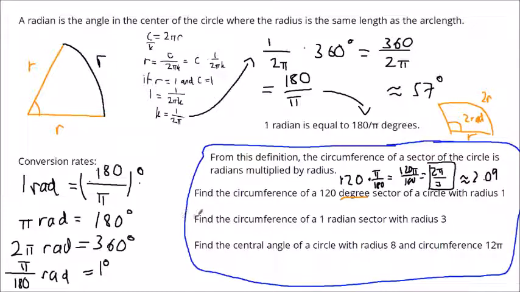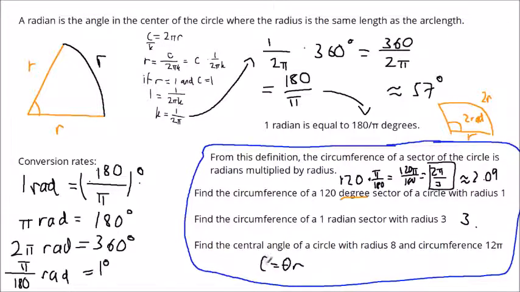Next is find the circumference of a 1 radian sector with radius 3. This time the radians is only 1 and the radius is 3. Circumference is radian times radius, so it's 3. Find the central angle of a circle with the radius of 8 and circumference of 12 pi. This time it's a little bit more complicated, with circumference equal to theta times radius.